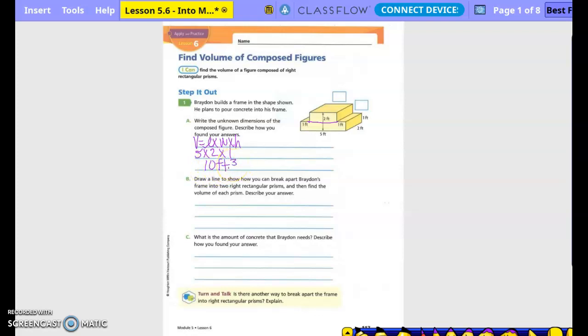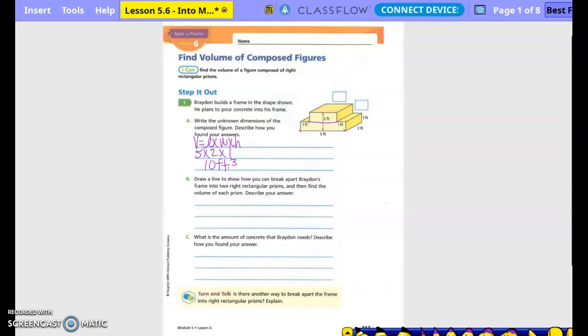Okay, now the next one, we have to figure out what some of these missing dimensions are, correct? Okay, so basically, they said from here to here is 5 feet, right? Okay, but is this top one the length? Is it the same length as the other one? No, it is not, right?